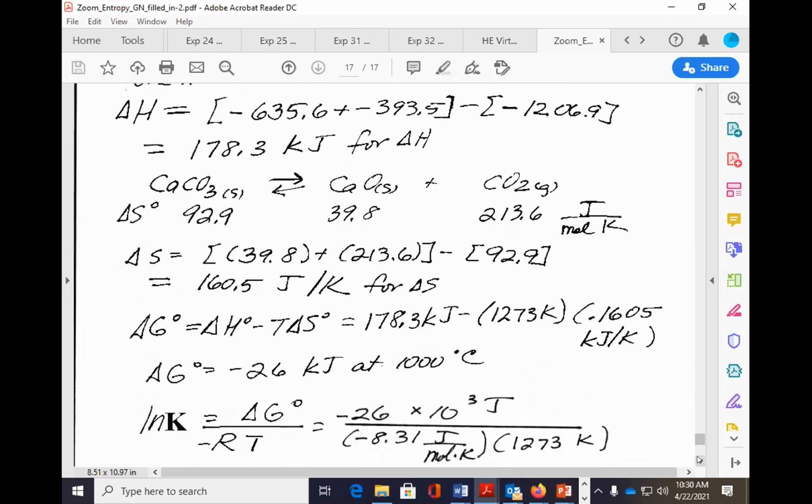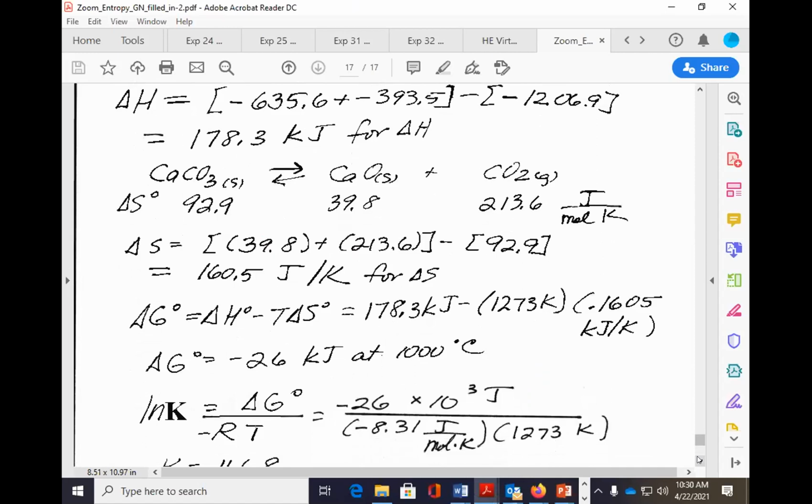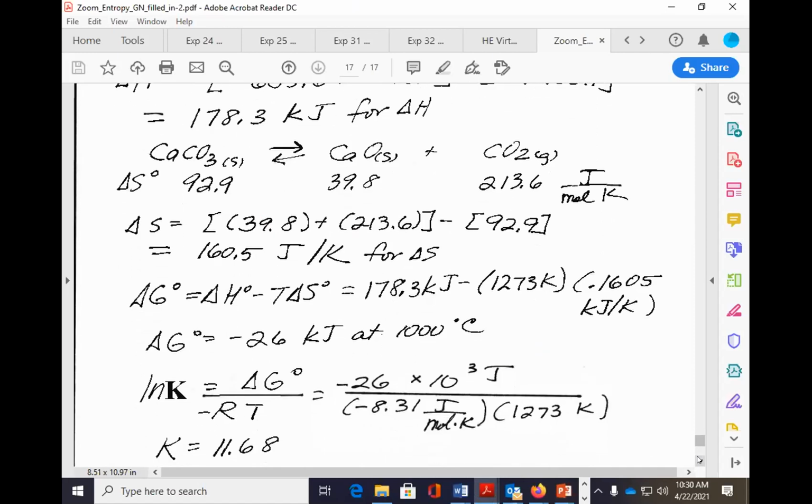Okay, so this is the equation that you have to use. And that's what you should have gotten for your KP.